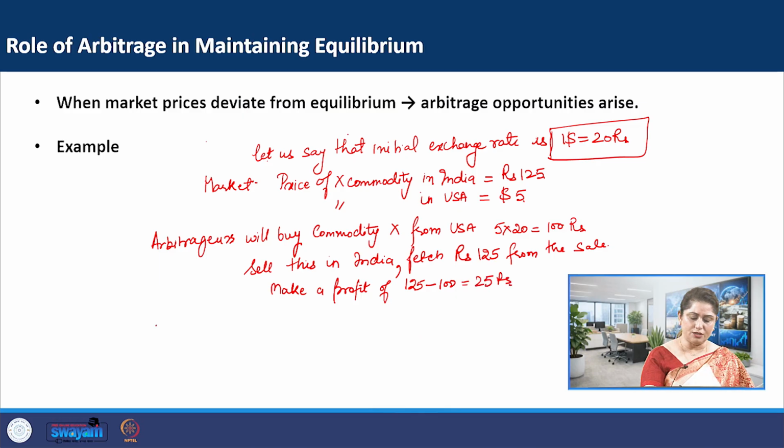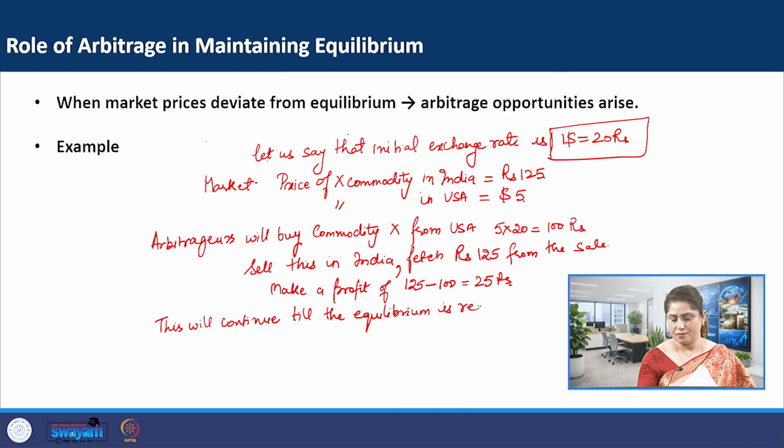And this will continue till the equilibrium is reached. Equilibrium is reached and $1 now becomes equal to 25 rupees.